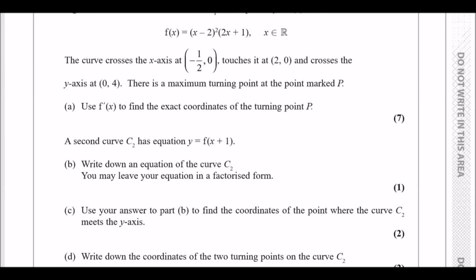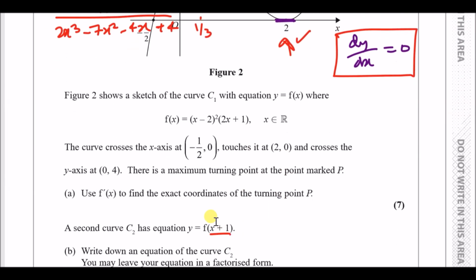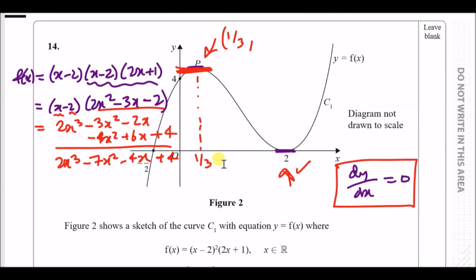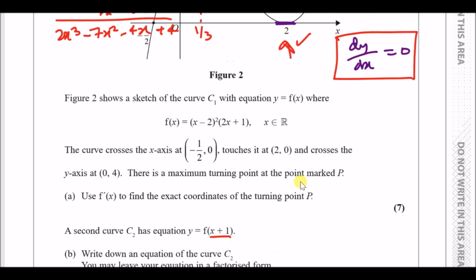Okay, part B. So before part B, a second curve C2 has the equation y equals f of x plus 1, where now x has been replaced with x plus 1. So what that actually means is that you literally replace these x values with x plus 1. And what it means graphically, if it's a plus something in the bracket, this means you shift all the x values by 1 to the left.